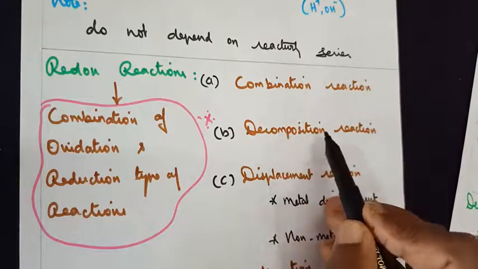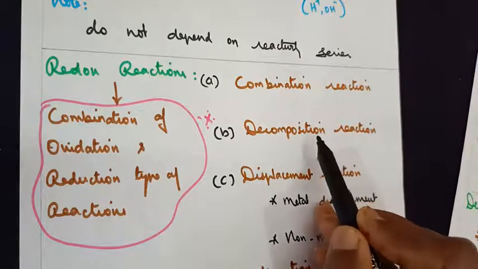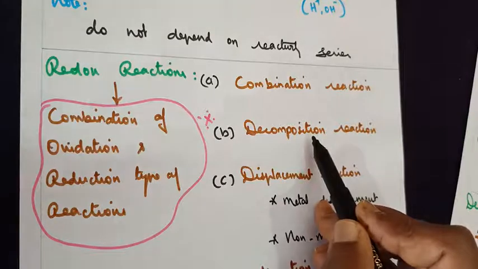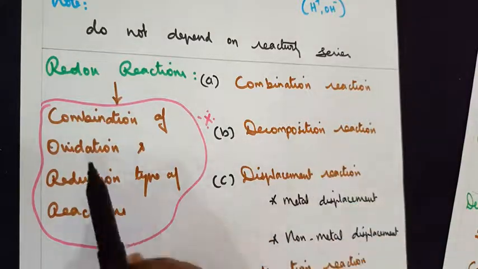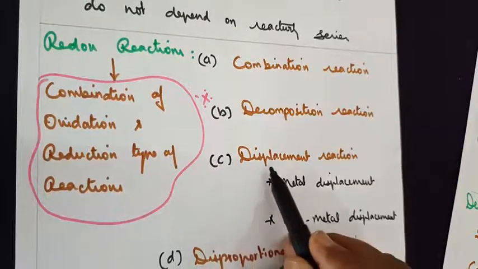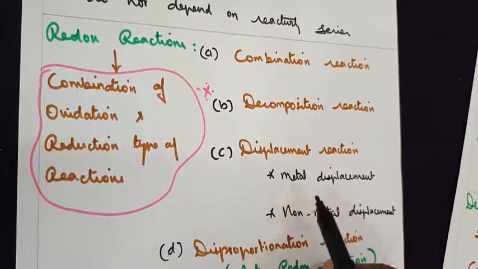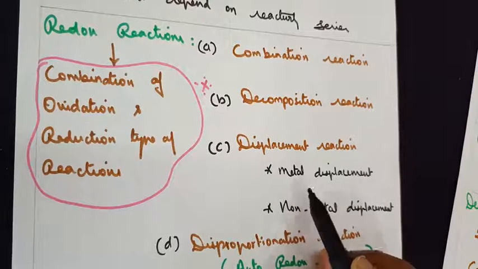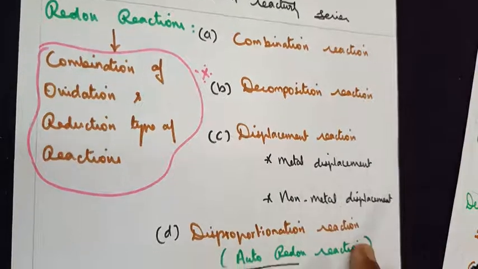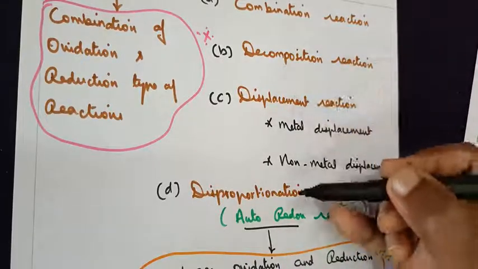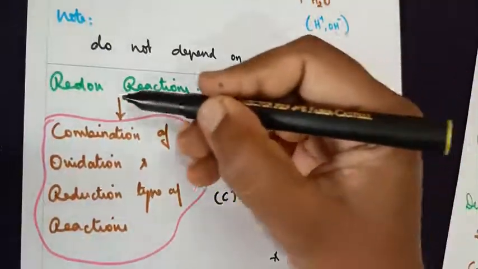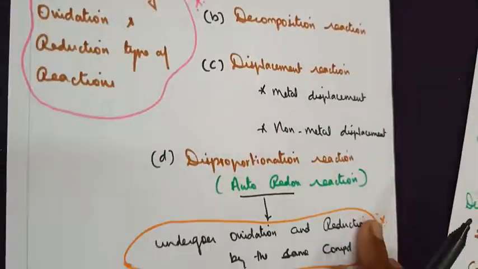The second one, decomposition: one reactant giving more than one product. The same concept, but explained in terms of oxidation and reduction. The third category, displacement, you understand better. Two types of displacement take place, metal displacement and non-metal displacement. All this we will see in detail in the upcoming classes. I'm just giving you the types of redox reactions present in your syllabus.